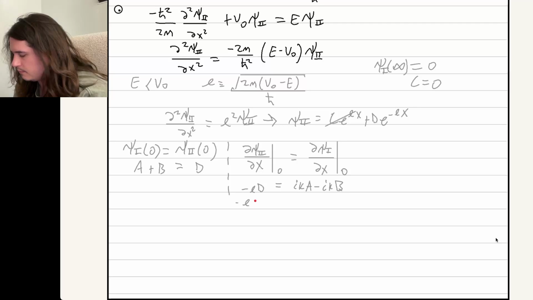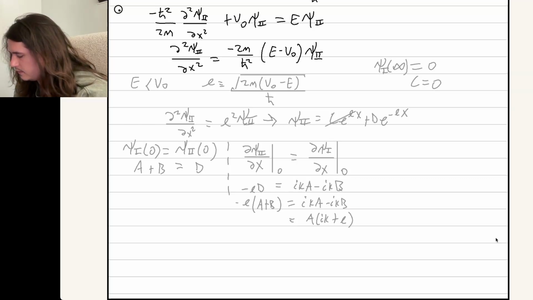And we can plug in what we just got for D from the last boundary condition, and then we can solve it so that the A stuff is on the right side. So A times (ik plus L), and on the left-hand side, we'll put all the B stuff. So it's going to be B times (ik minus L).